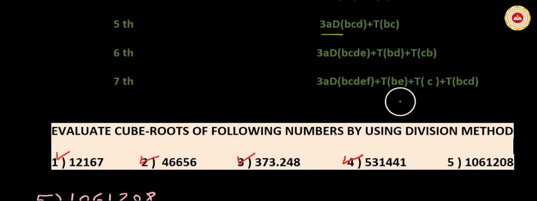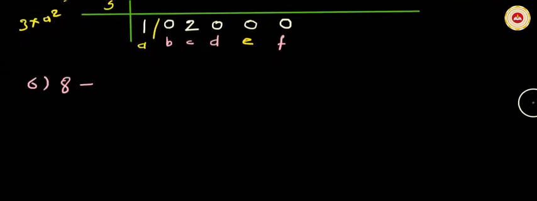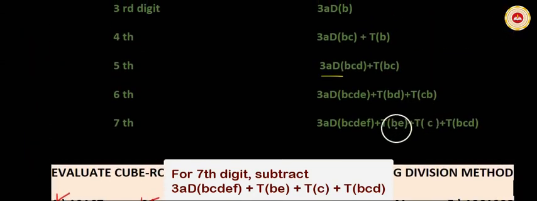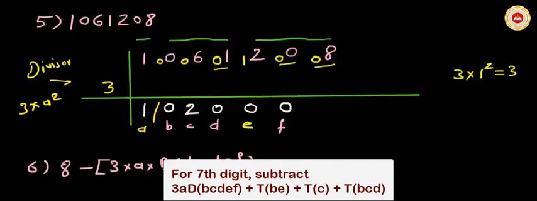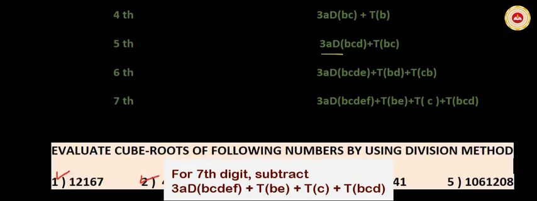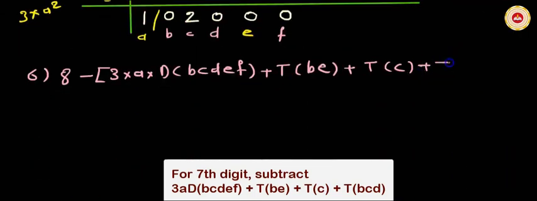See, for the 7th digit: 3 multiplied by A multiplied by duplex of B, C, D, E, F, plus triplex of BE, plus triplex of C, plus triplex of BCD.